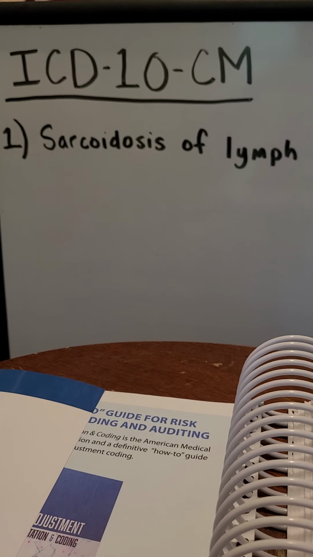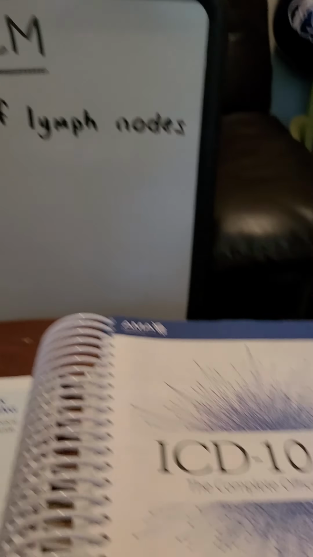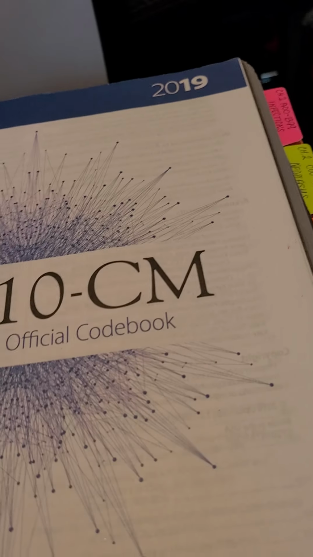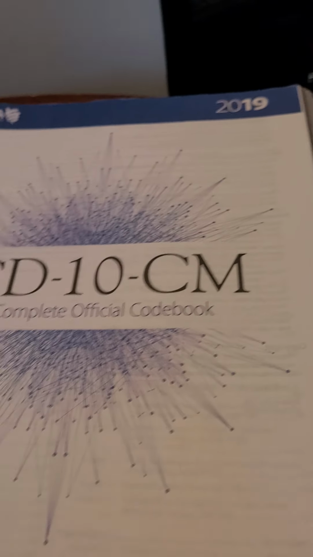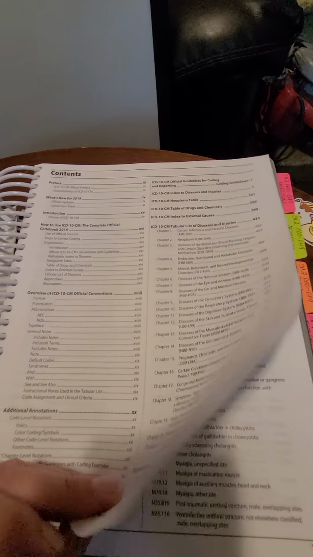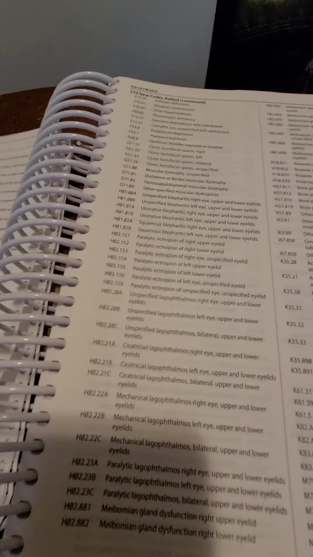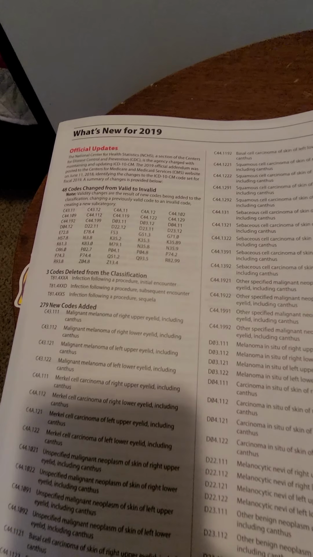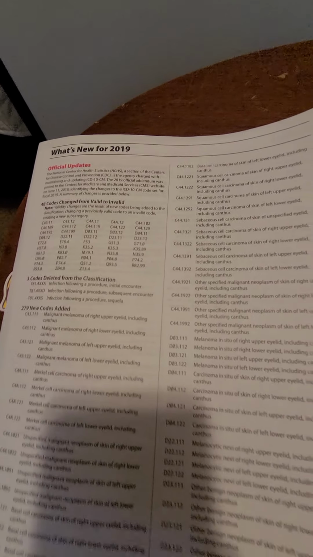So, first thing I'm going to do is get my ICD-10-CM book. Now, if you notice, this one says 2019, so it's going to be a little different. All books are not the same. It depends on who writes them. Okay? It gives you a contents page, an illustration page, and immediately a list of the codes that have changed for the year of this book.